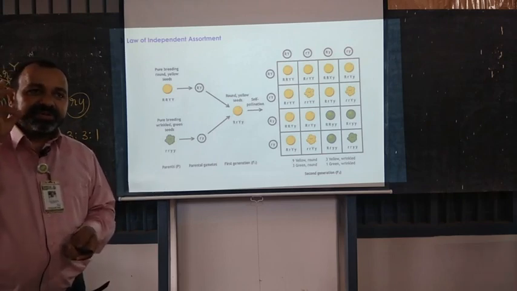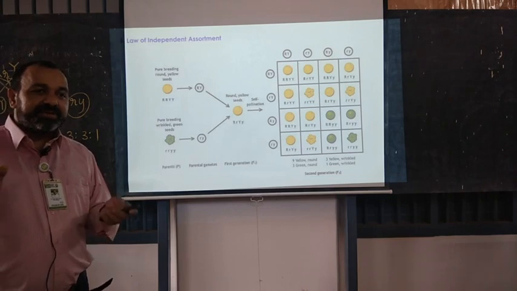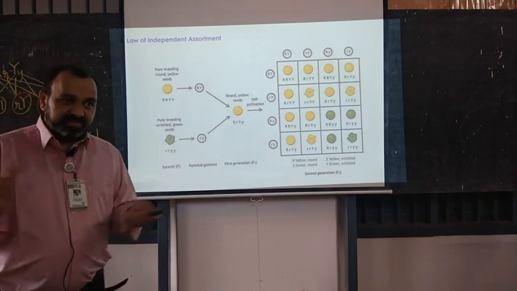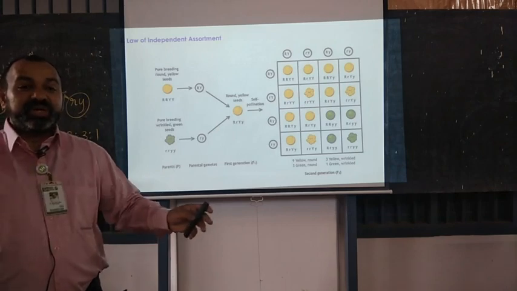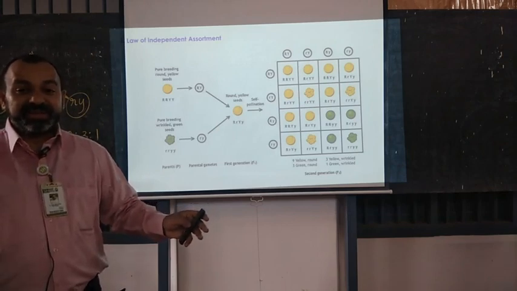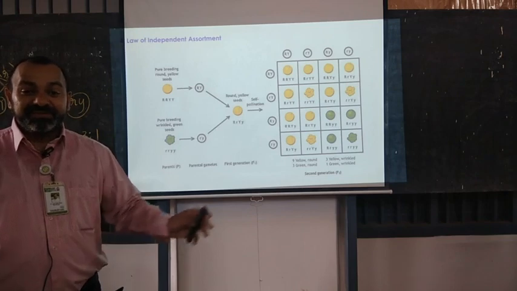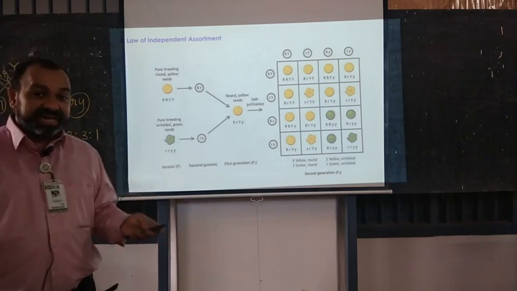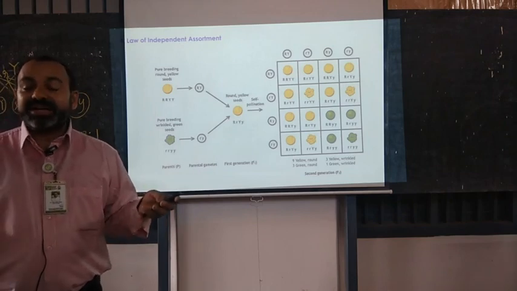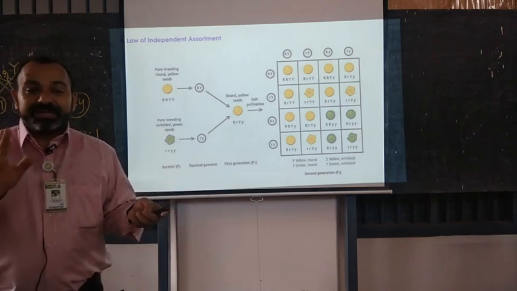So the law of segregation states that the allelic forms staying together are separated into different gametes independently of each other. And the law of assortment states that now these gametes can fuse.